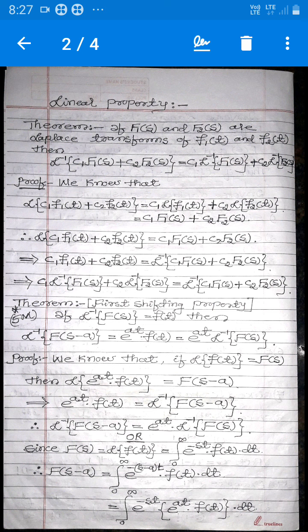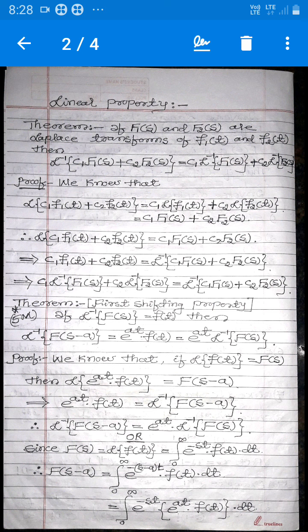Or another method: here recall the definition of the Laplace transform. Since F(s) means L of f(t), the Laplace transformation of f(t) is equal to the integration from 0 to infinity of e raised to minus st into f(t) dt, which is our definition. In this definition, replace s by s minus a.